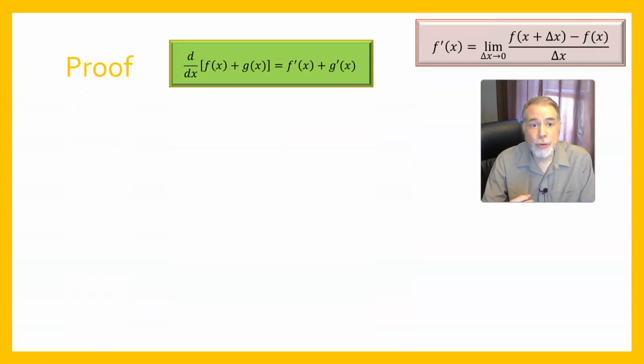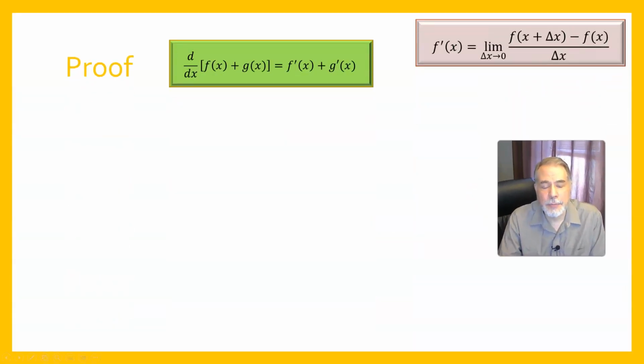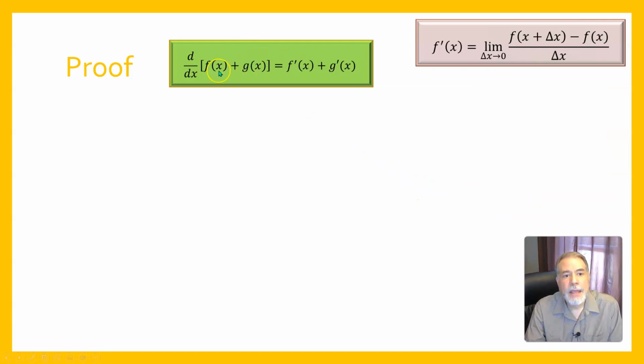Why is this true? Well, this is pretty easy to prove. Again, it's a matter of showing that what the definition says that the left side of this equation should be, and what the definition says that the right side of this equation should be, match up.